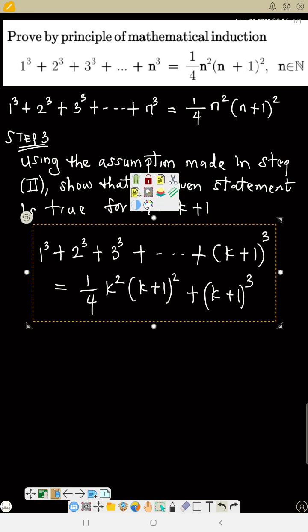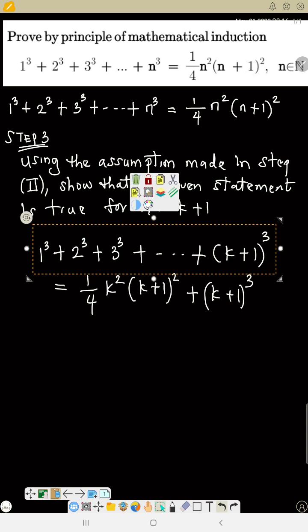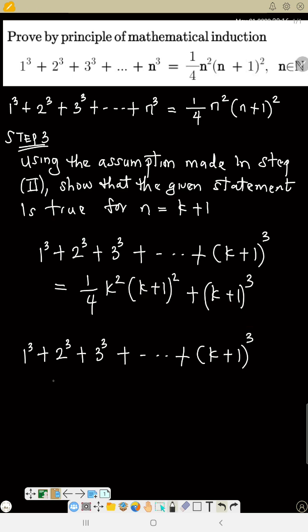So next step, k plus 1 is common. If k plus 1 is common, this will become k plus 1 square. So that is common. Open a compound bracket.